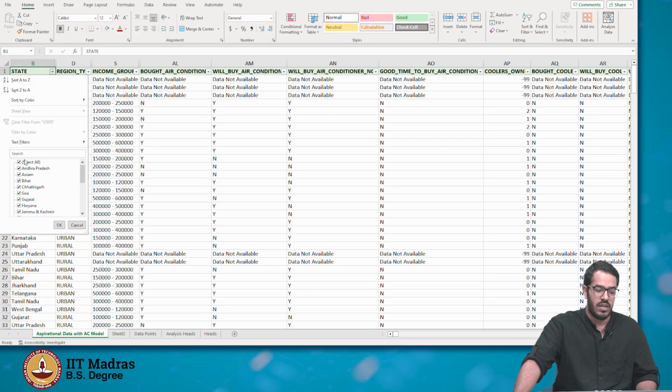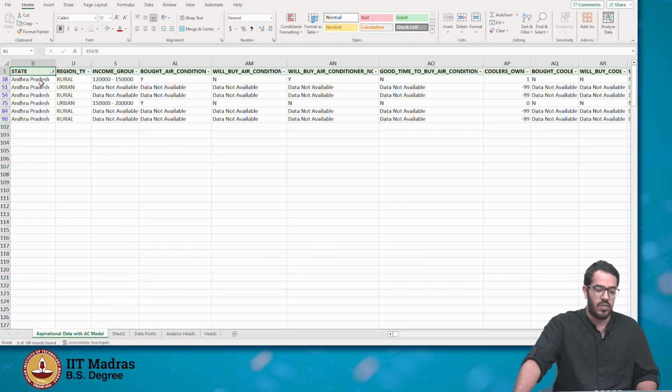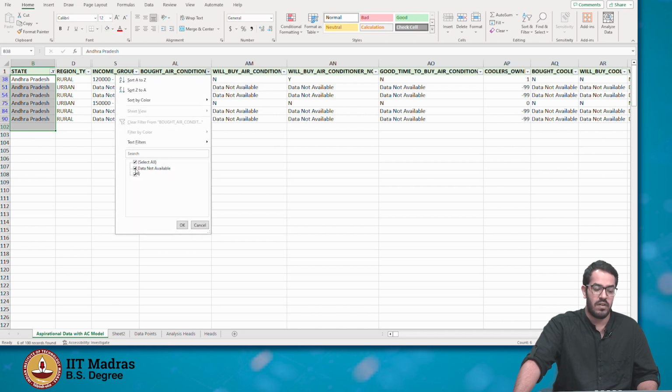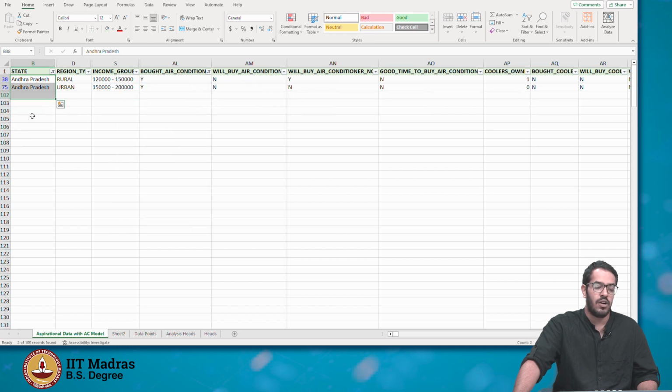Now what I can do is there is a simple way of selecting each and every state and seeing how many people from Andhra Pradesh have bought it. Many of the times I will get data not available. To cut out this thing, I will also unselect data not available, and then I'll get 2 people from Andhra Pradesh have got this.